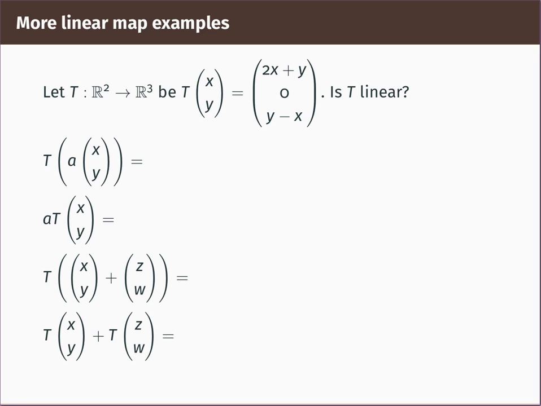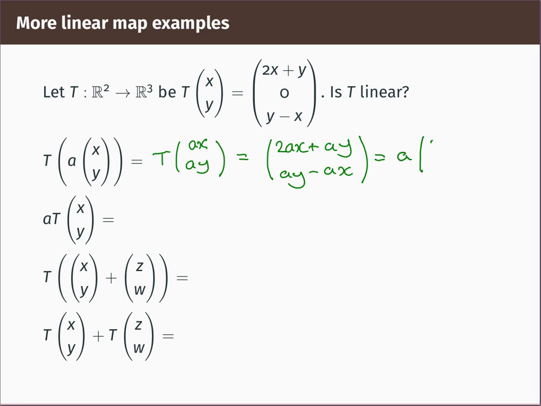Well, T of a times (x, y) is T of (ax, ay). Okay, so what's that? That is 2ax plus ay, and then 0, and then ay minus ax. And we could actually simplify this, because we can take a factor of a out everywhere.